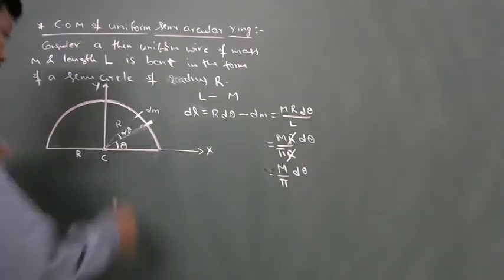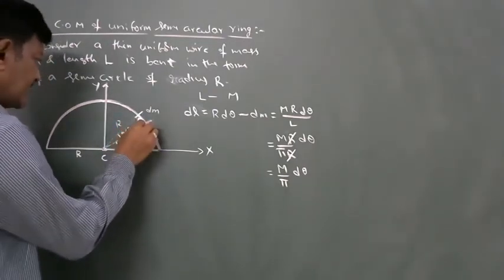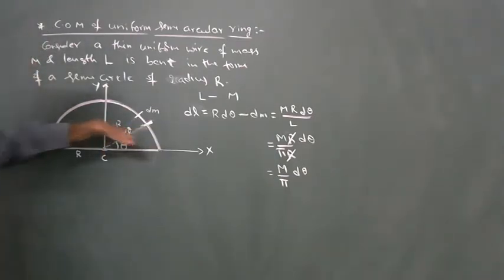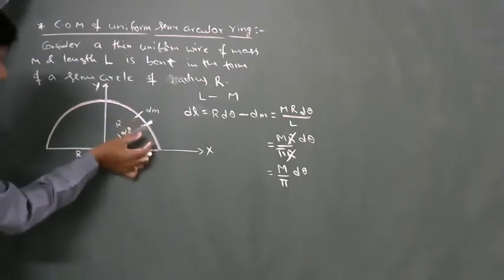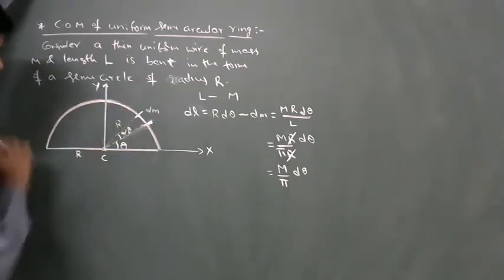Now this dm is at a height dy, at a height y. This is one element, this is another element, this is another, and so on.